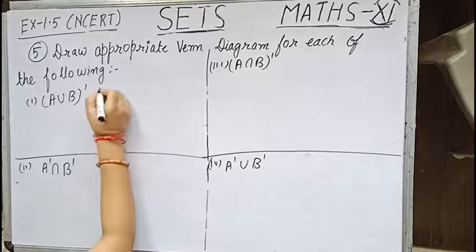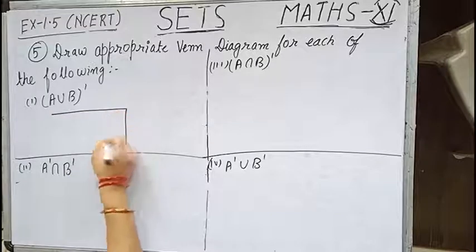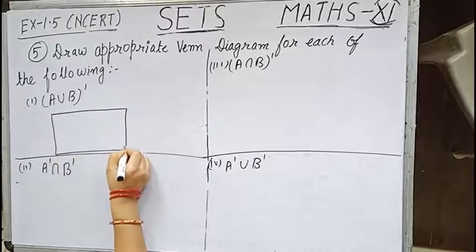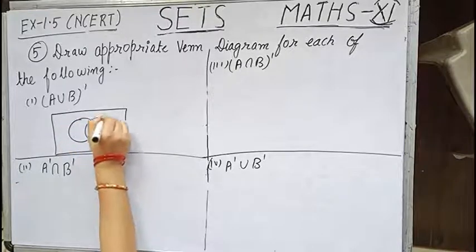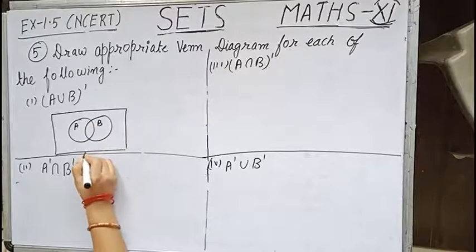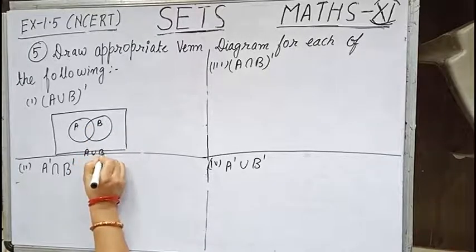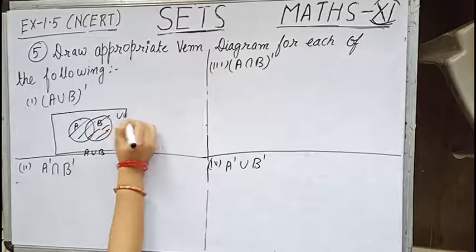A union B complement. So let us do it over here. This one is A, this one is B. So A union B will be this portion.